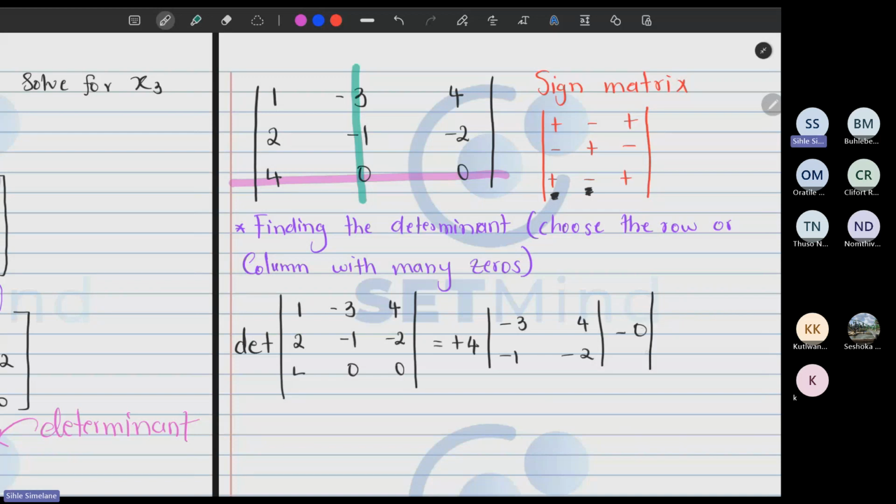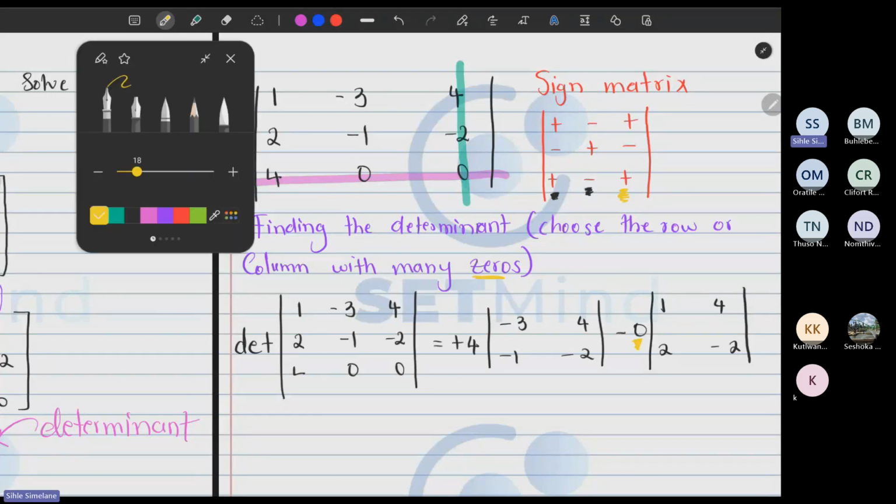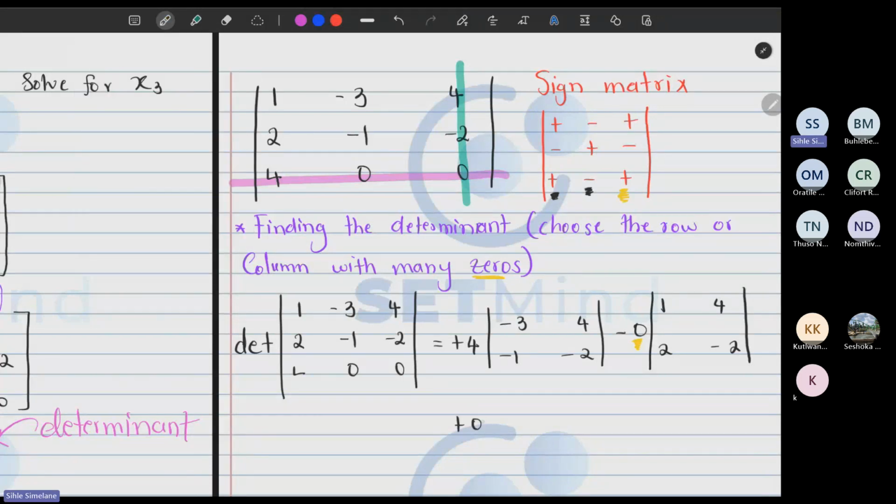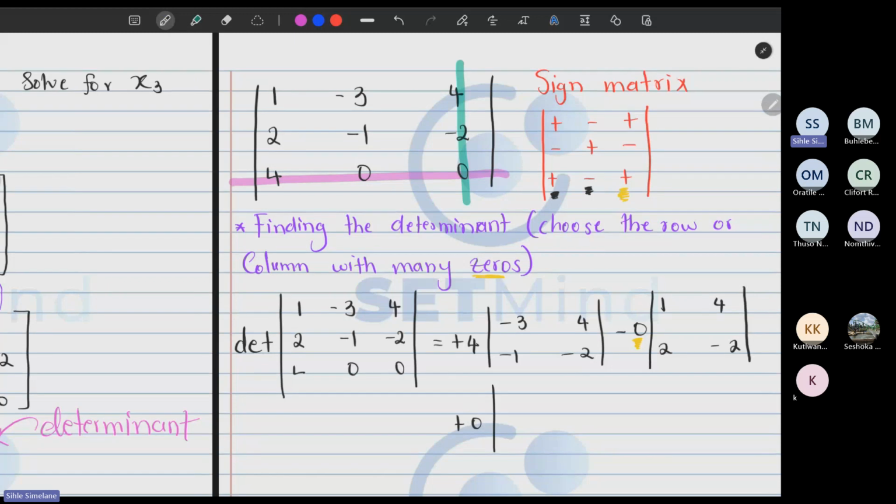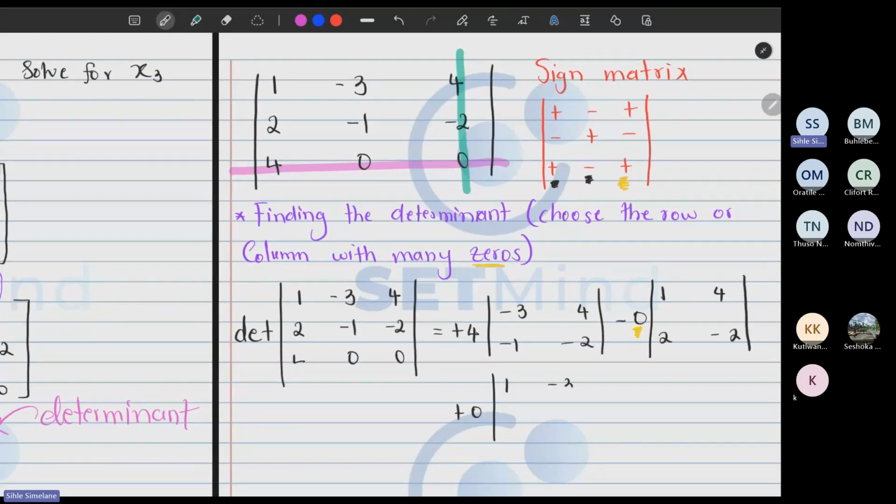Then I find the determinant of what is left after crossing, which will be 1, a 4, a 2, and -2. So the reason why we choose a row with many zeros is because, look, wherever I see zeros, I know there's no need for me to compute that. Even when I go to the last one, and I see my sign matrix is saying I need a positive, I will go on and put in a positive, but I have a 0. So whatever is going to multiply 0 does not matter.